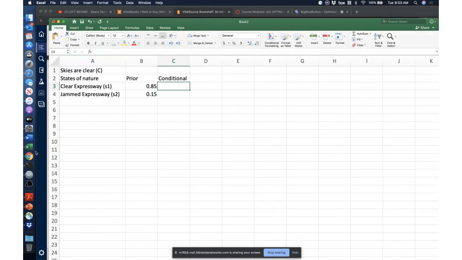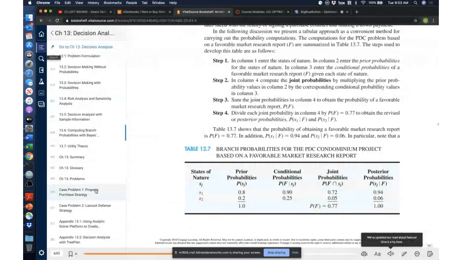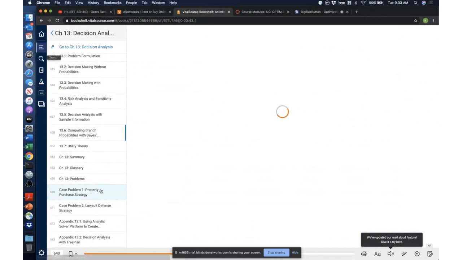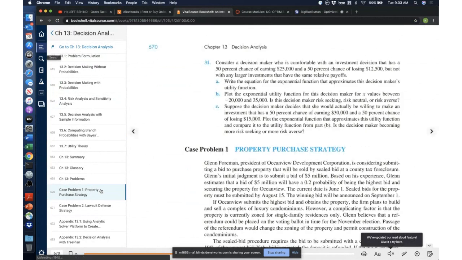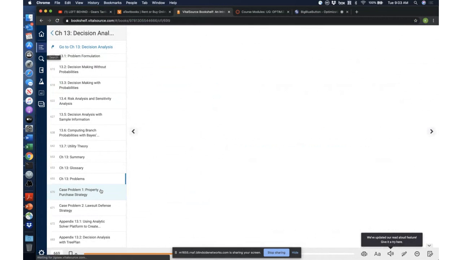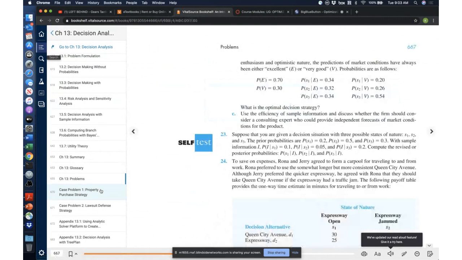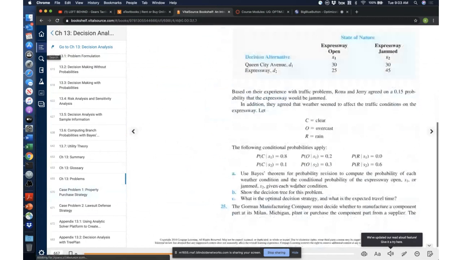We know those probabilities. Those were given to us. 80% and 10%.